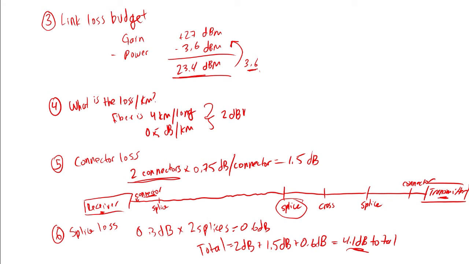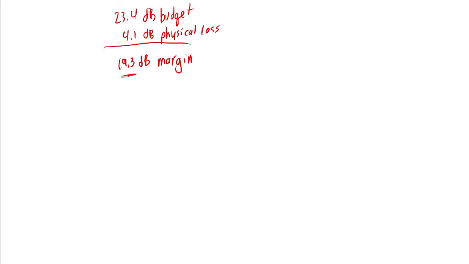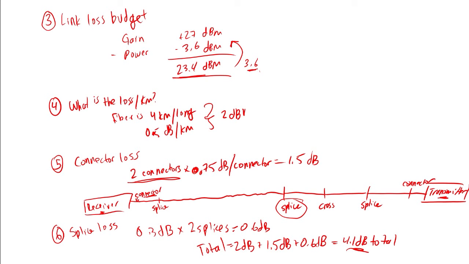Your tester is going to look at the length, and ask you the number of connectors and the number of splices, and it's going to use basically the TIA standard. So if I install the 4 kilometer long fiber, my tester is not going to accept a loss of 19 dB. It's going to accept a loss of 2 plus the 1.5 plus what we calculated here, 4.1.